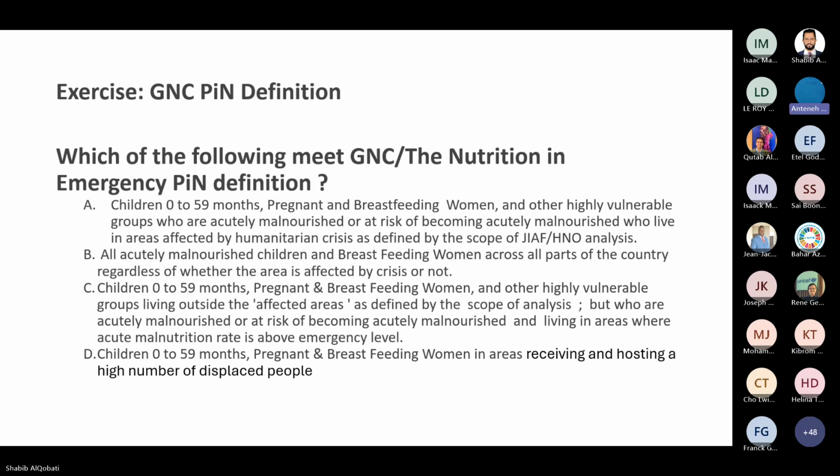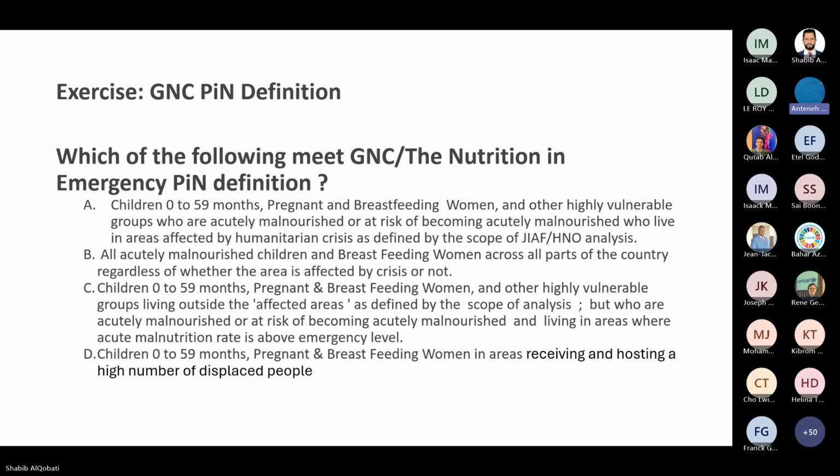The second one is, any acute malnutrition caseload in the country, regardless of whether it is affected or not, should be included. This is not correct. It's only areas with high GAM outside the affected areas as defined by the scope of analysis that can be included.